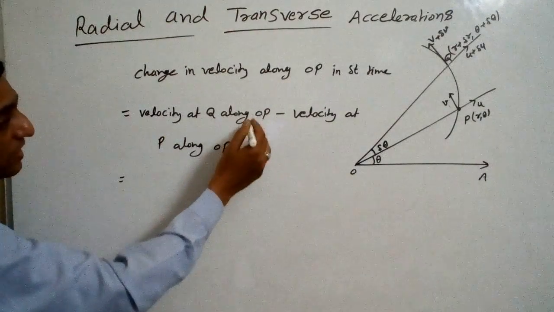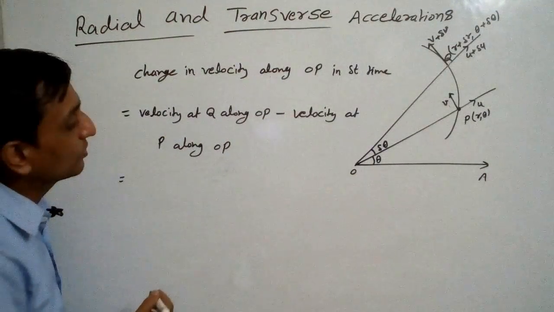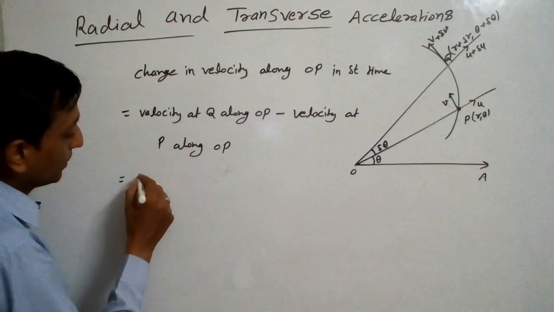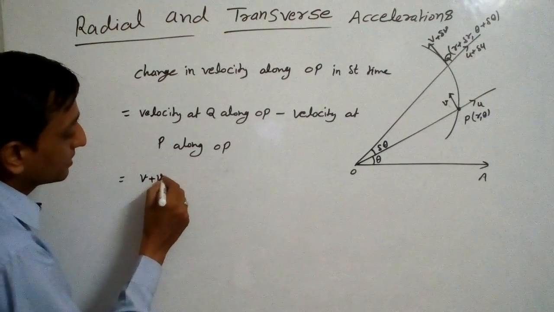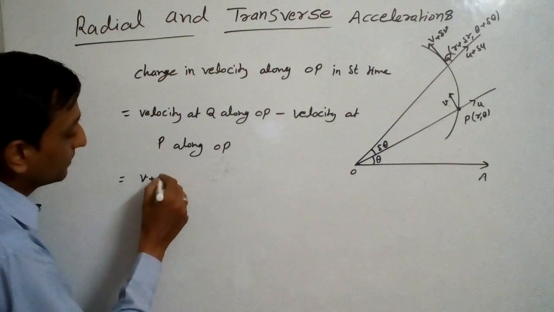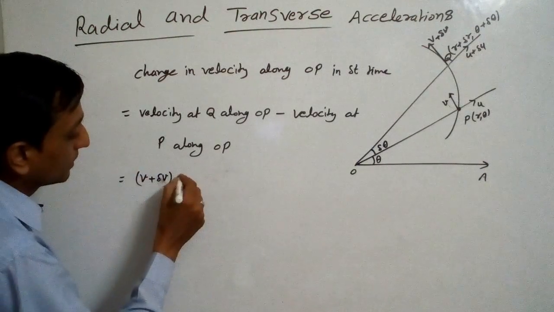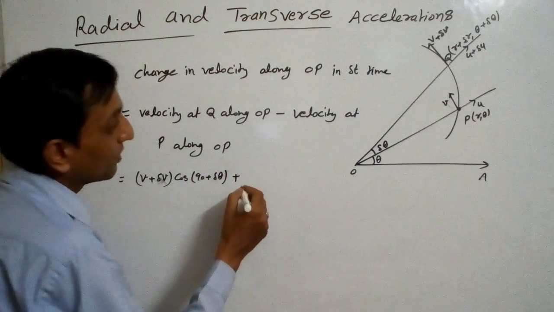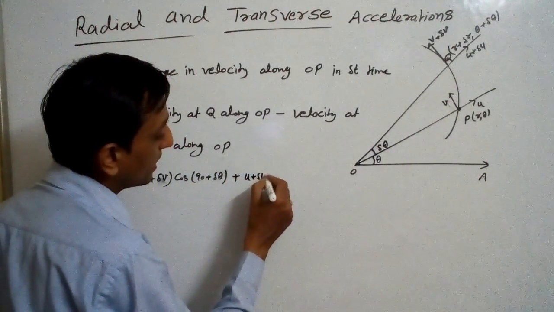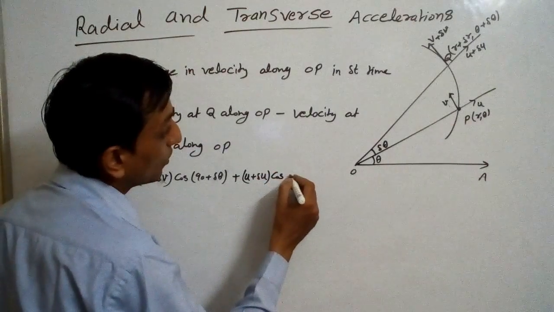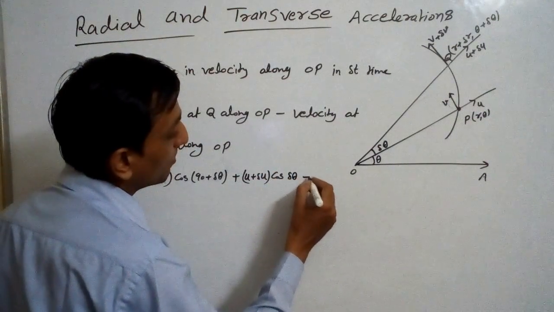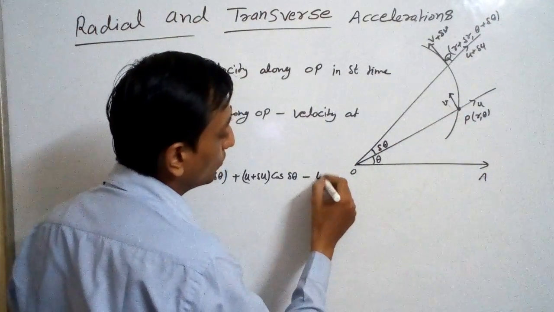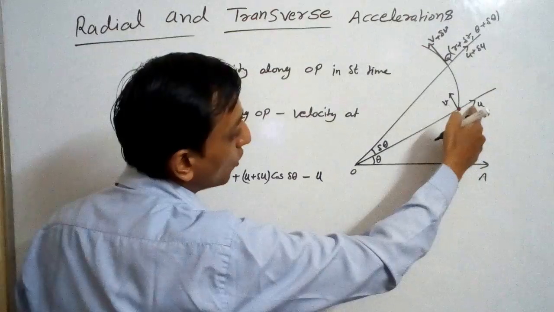So what is the velocity along OP at Q? This will be v plus delta v cos of 90 plus delta theta, plus u plus delta u cos delta theta, minus, at P, the OP direction is u, and v cos 90 is 0.